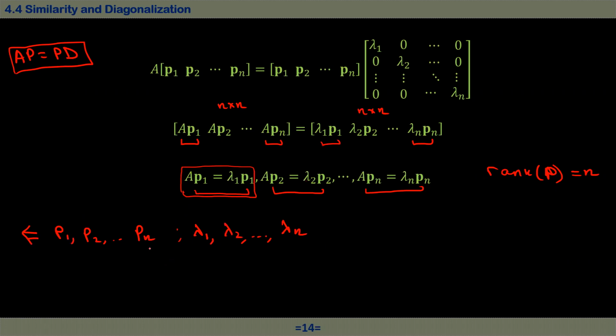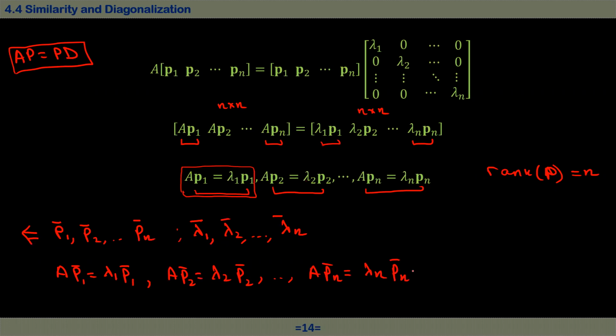Then we can write these equations, since these are eigenvectors with corresponding eigenvalues, then it must satisfy this equation. A times P1 should be equal to lambda 1 times P1, and A times P2 should be equal to lambda 2 times P2, dot dot, A times Pn should be equal to lambda n times Pn, right?